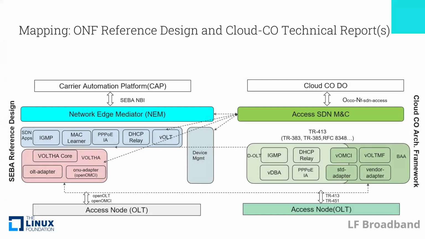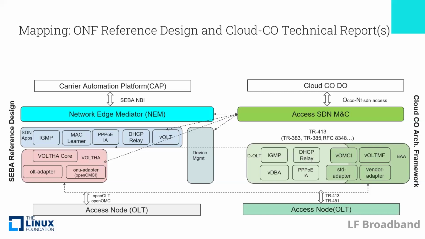I forgot to say the collaboration between the BBF and VOLTHA community started back in 2022 with the Cloud CO demo project. And recently, actually last year, we started to understand what are the options for the alignment.